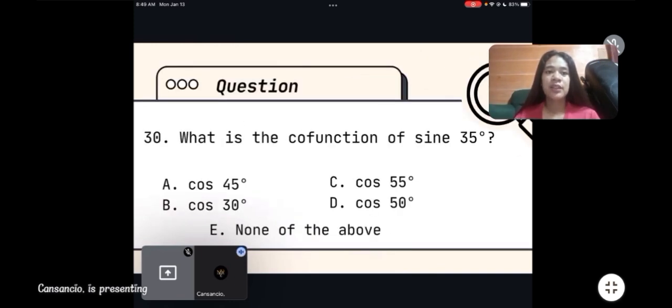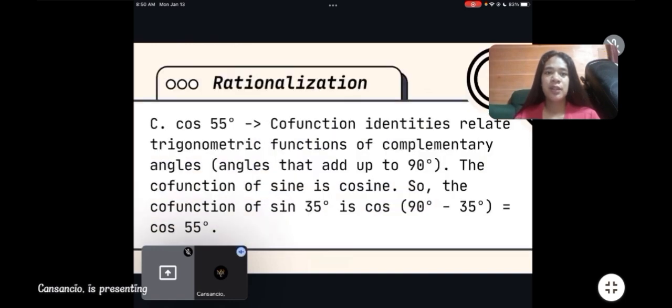Number 30. What is the cofunction of sine 35 degrees? A. cos 45 degrees, B. cosine 30 degrees, C. cosine 55 degrees, D. cosine 50 degrees, or E, none of the above. The correct answer is letter C, cosine 55 degrees.